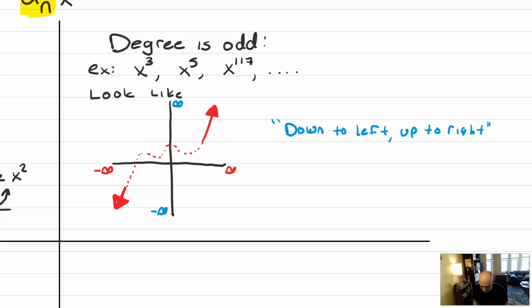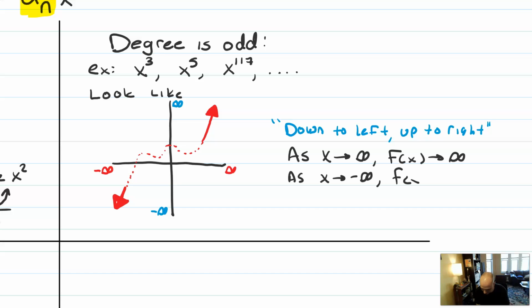That's informal. Formally, we would say as x approaches infinity, f of x approaches infinity, and as x approaches negative infinity, f of x also approaches negative infinity.